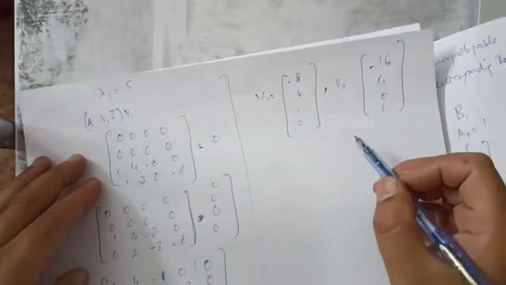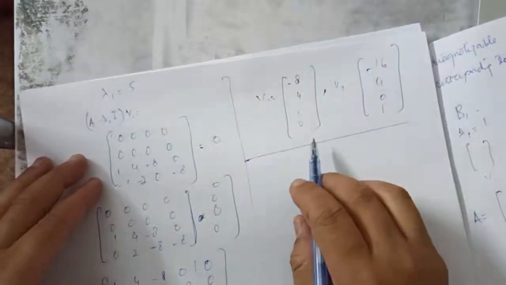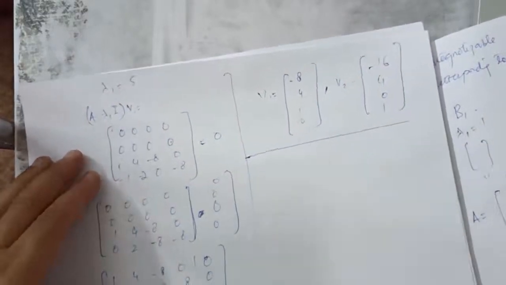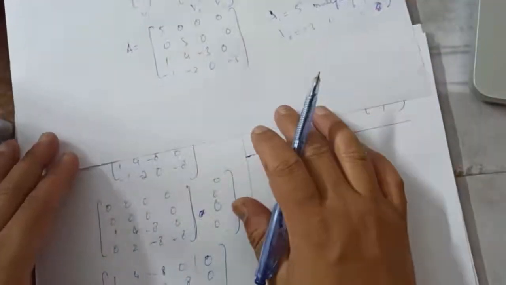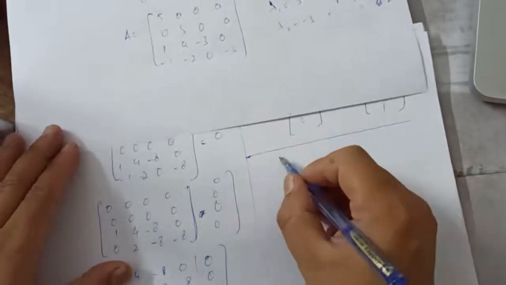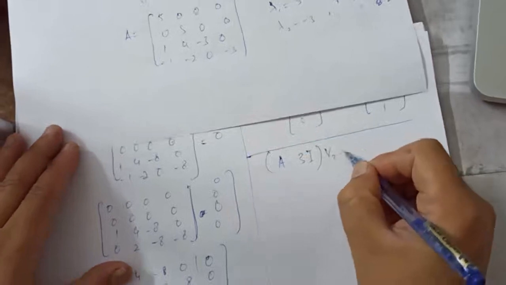Similarly for lambda equals minus 3, I can do the same calculation again. A minus lambda I times x would be 0, so A plus 3I times v equals 0.